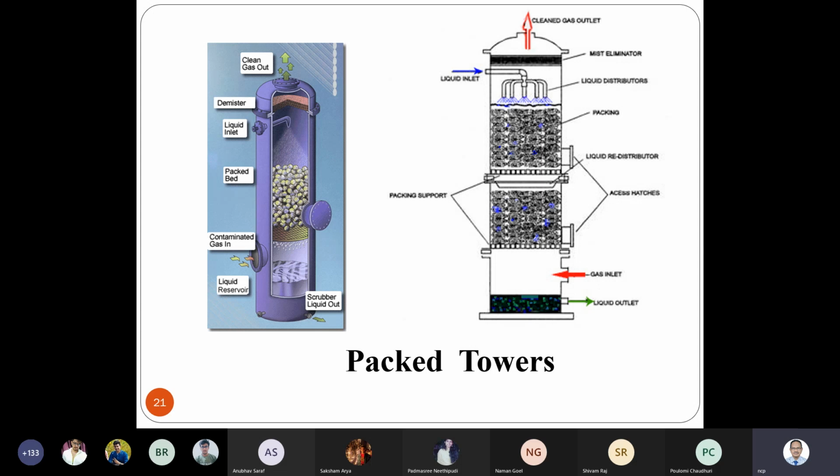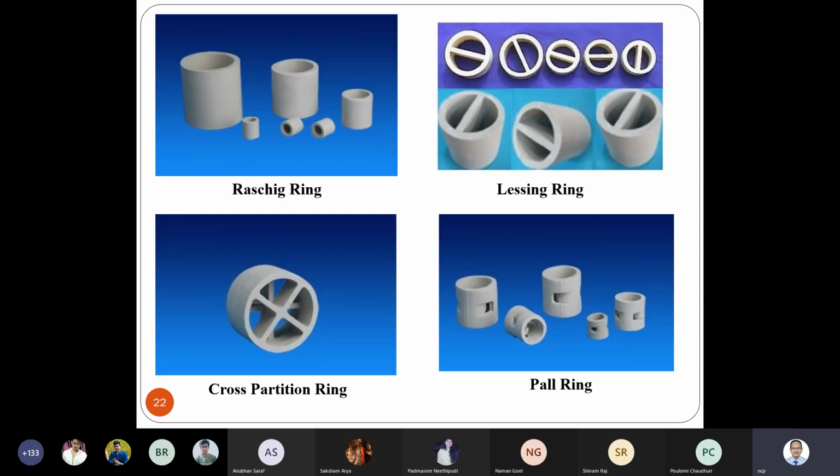Now coming to the types of random packings. These are the random packings which are commonly used. So this is the one kind most commonly used, called the Raschig ring. Yes, ring type, Raschig ring, basically short hollow cylinders, and then the Lessing ring, or these are called partition rings.